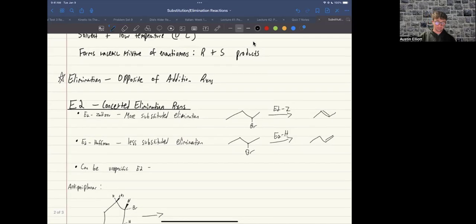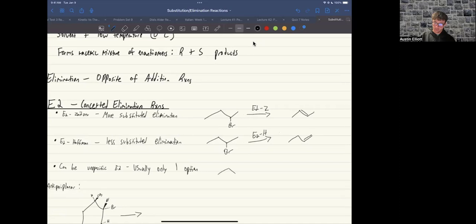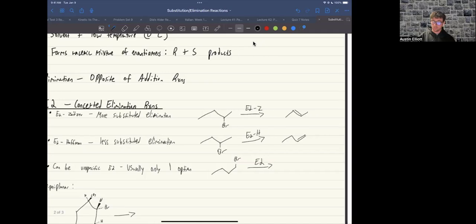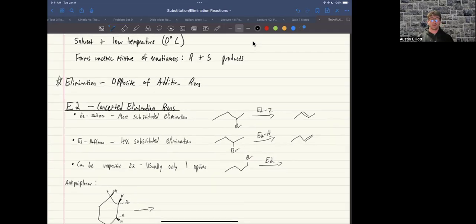So for example, if we draw this same type of molecule like this, but then we put that bromine right there on the end, and then we do E2, there's only one place for that elimination to happen.